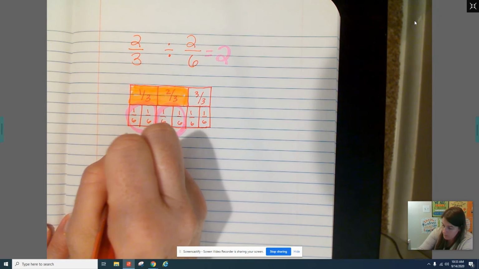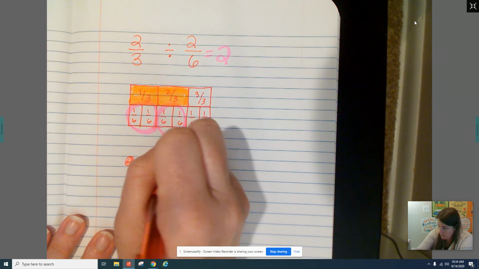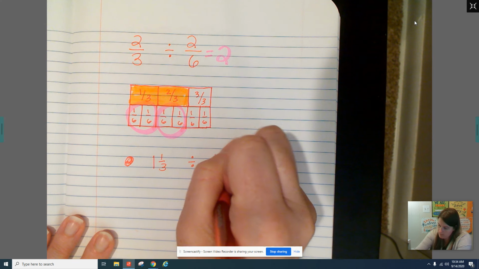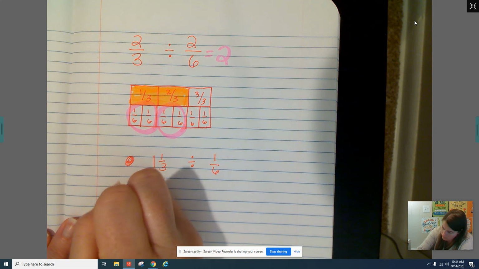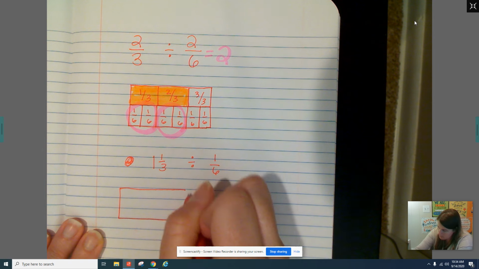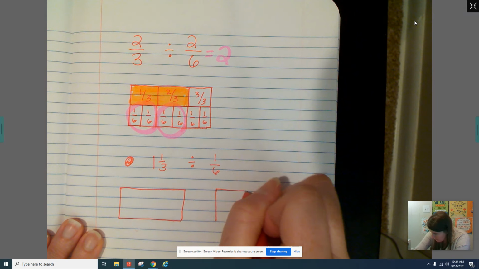You can do it with whole numbers. Like if I had 1 1/3 divided by 1/6, I could do that. I could do one whole unit, and then a second whole unit.